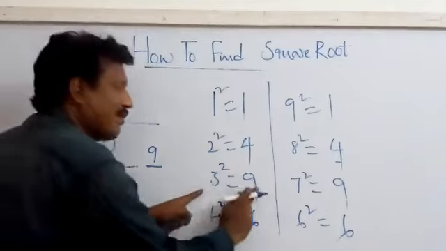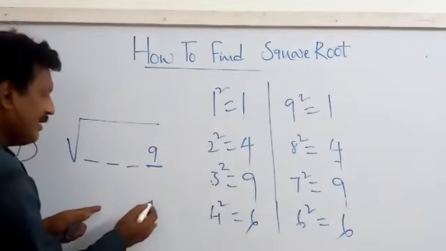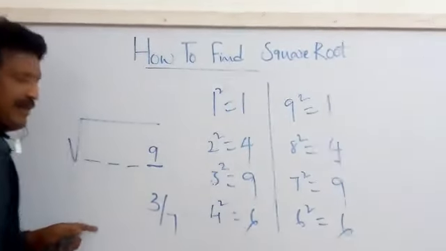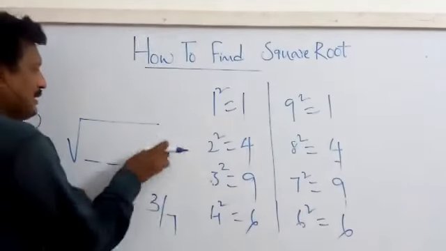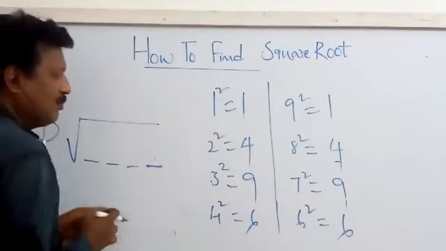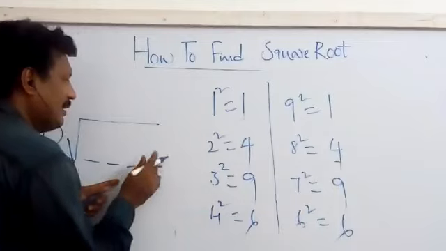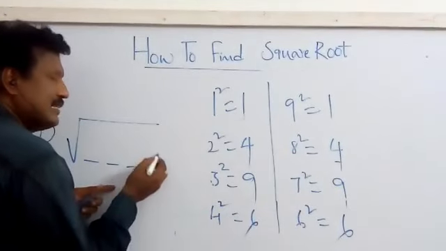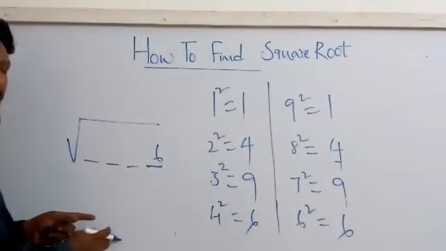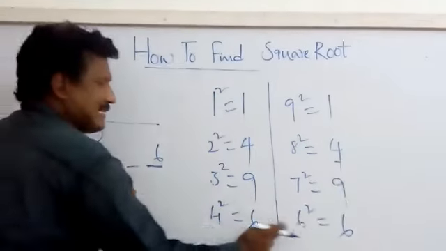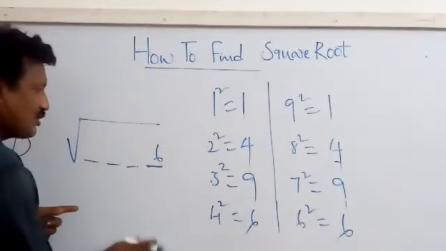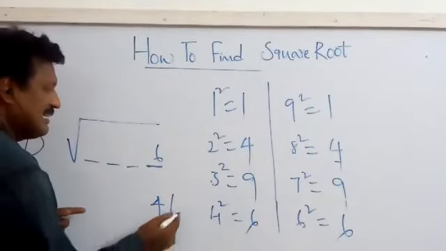See here 3 square 9, 7 square 9. The answer must be either 3 or 7. Similarly, if the unit place is a 6 in this root form, 4 square is 6, 6 square is also 6. The answer must be either 4 or 6.